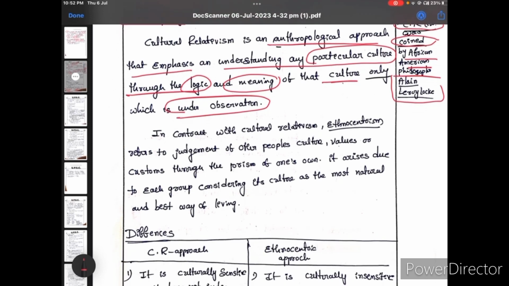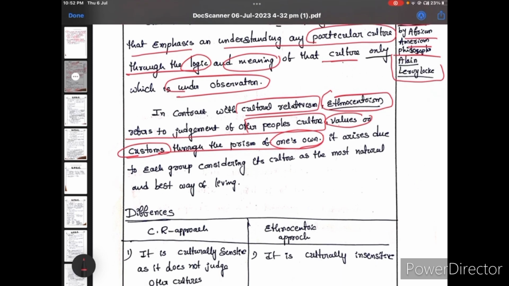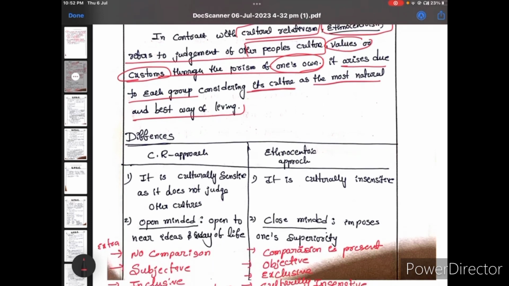And ethnocentrism refers to judgment of other people's culture, values or customs through the prism of one's own. Okay, and it arises due to each group considering its culture as the most natural and best way of living.